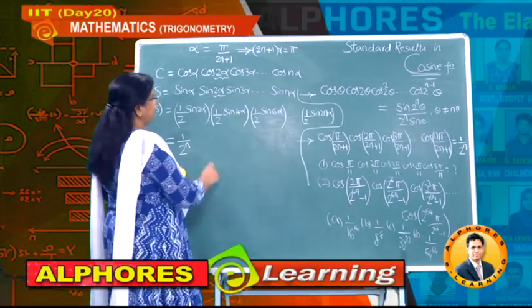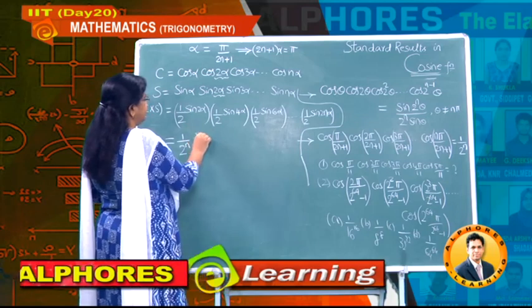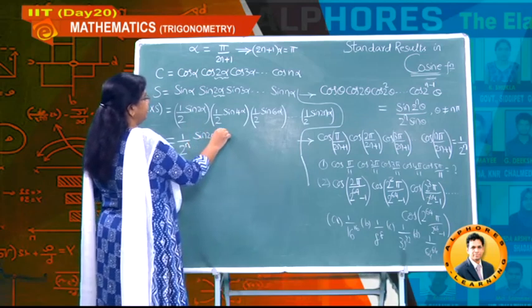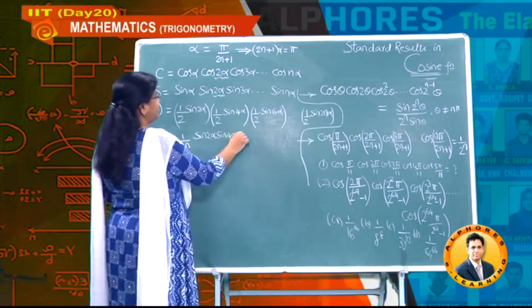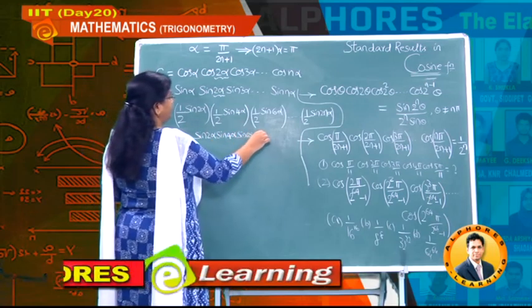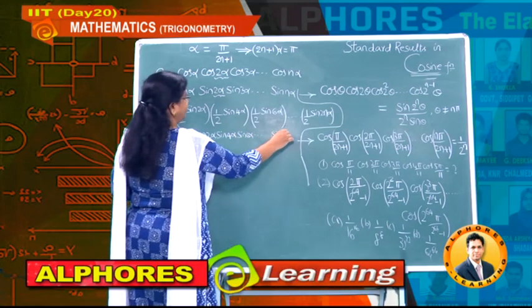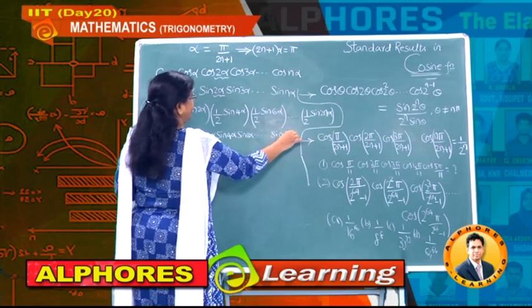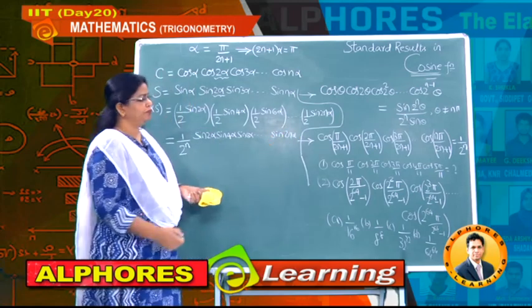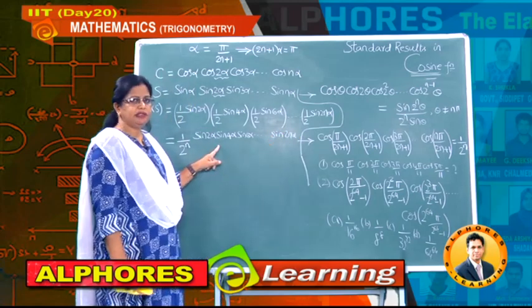And now these values are sin 2 alpha, sin 4 alpha, sin 6 alpha, etc. You will get the last value, how much? sin 2n alpha. Got it, students? Now you got the result in this way.